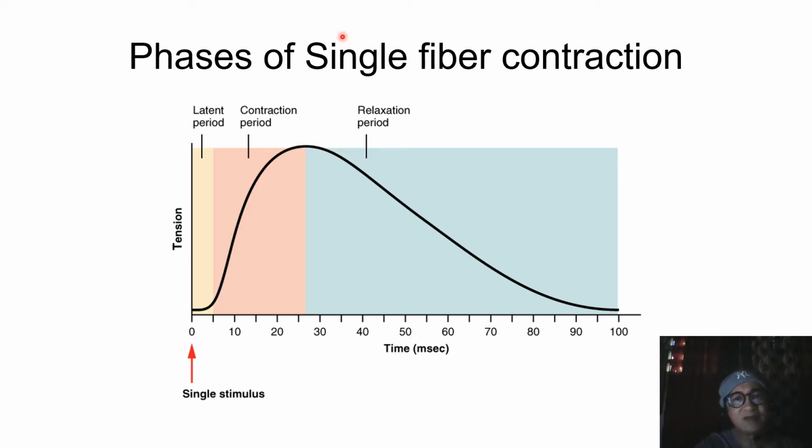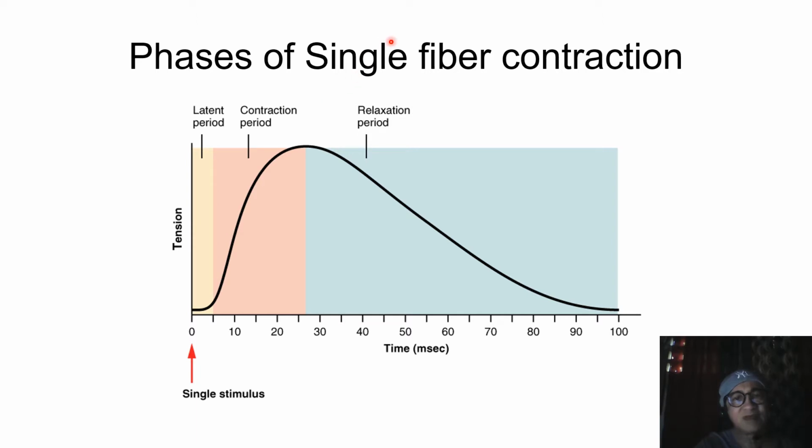The latent period is a brief interval of about 1 to 2 milliseconds of a seeming inactivity of the muscle fiber between the application of the stimulus to the development of tension in the muscle. The latent period corresponds to the time of excitation events that occurs in the muscle prior to tension building.